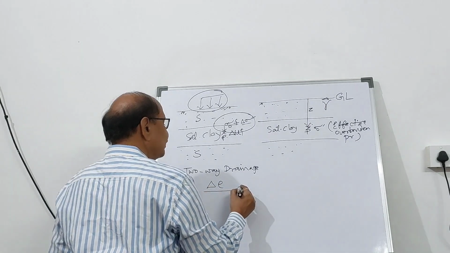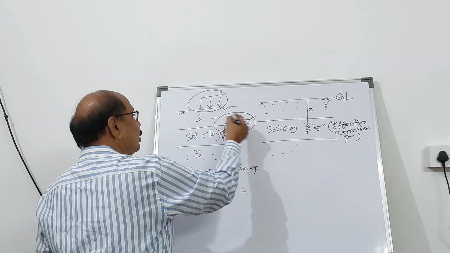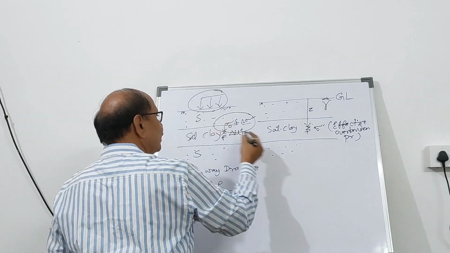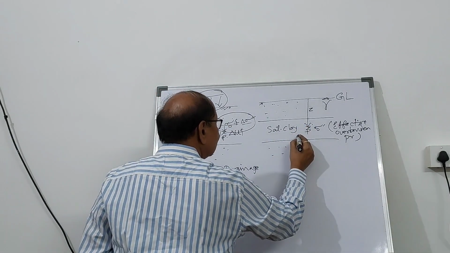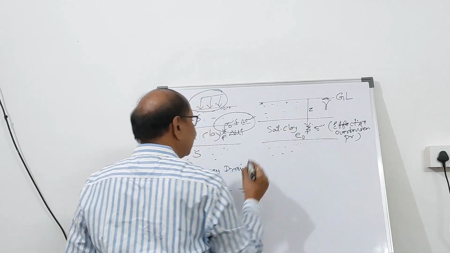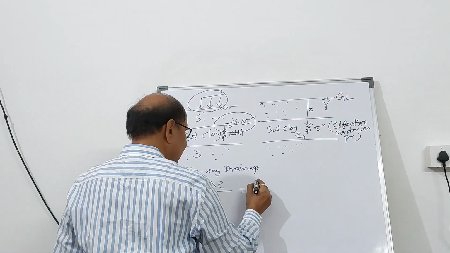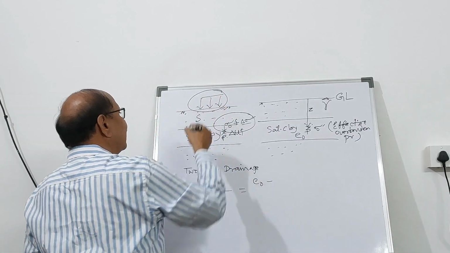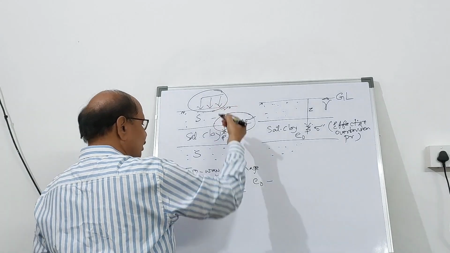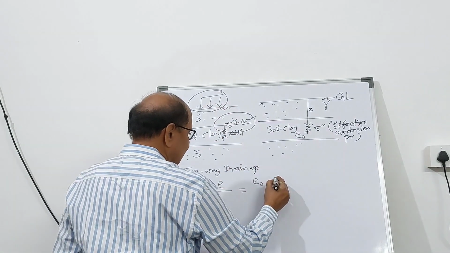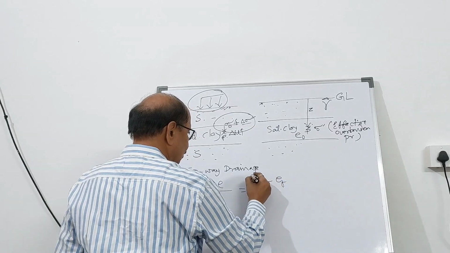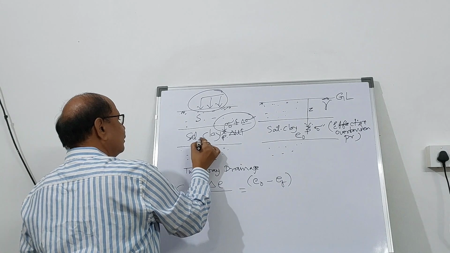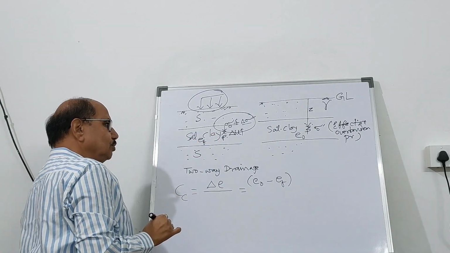That is, before application of this extra loading, what is the original or initial void ratio at the initial overburden pressure, minus the final void ratio after application of this loading, when the pore water pressure dissipates.